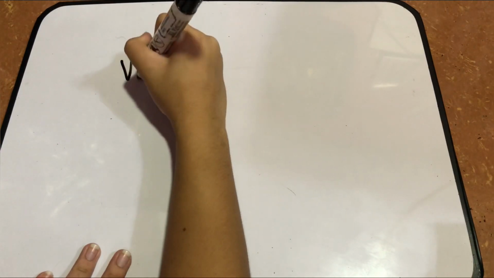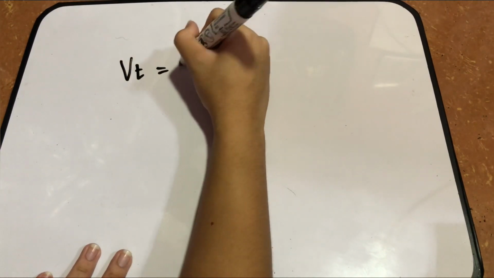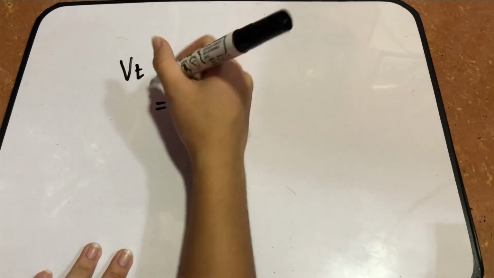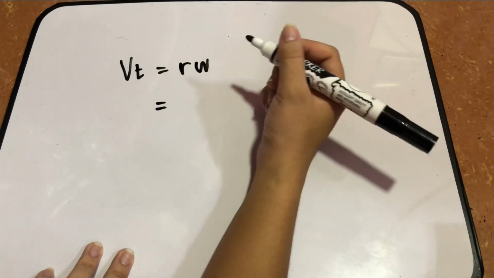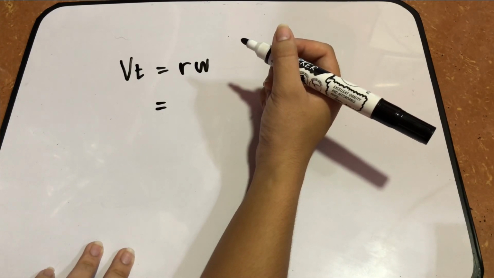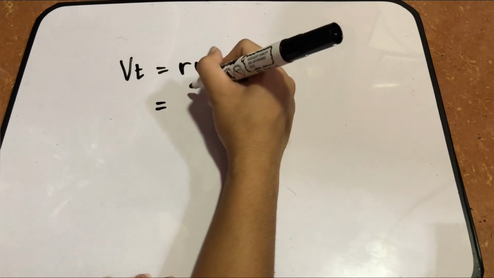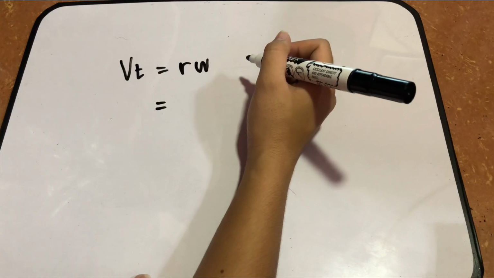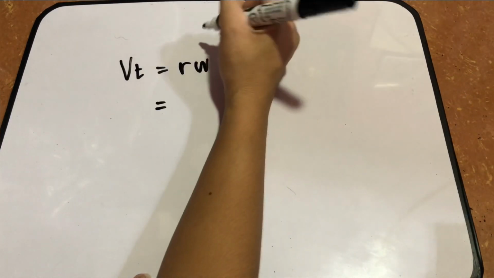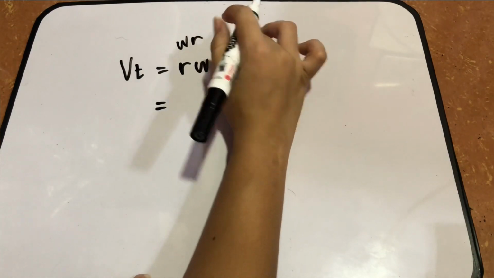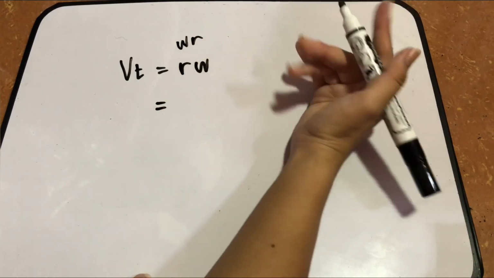So Vt is equals to Rw. So himo na ni siyang, ang naa sa study guide is WR. Pero actually, pwede raman nimo na siya baliktaron kay same raman gihapon siya answer.